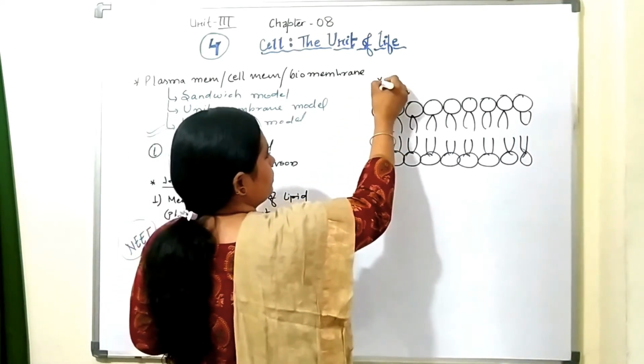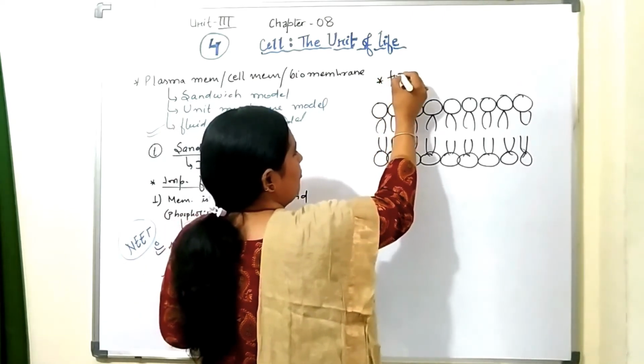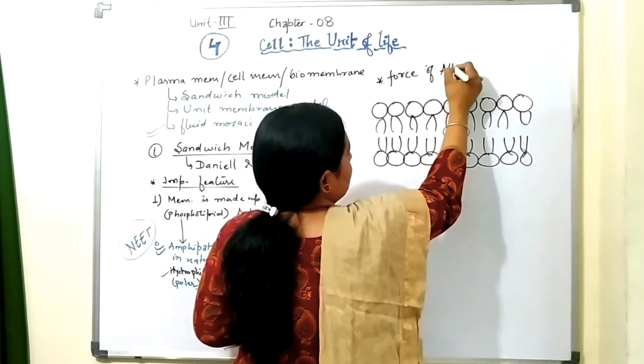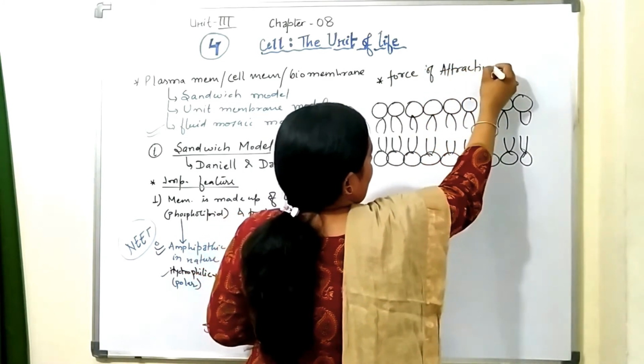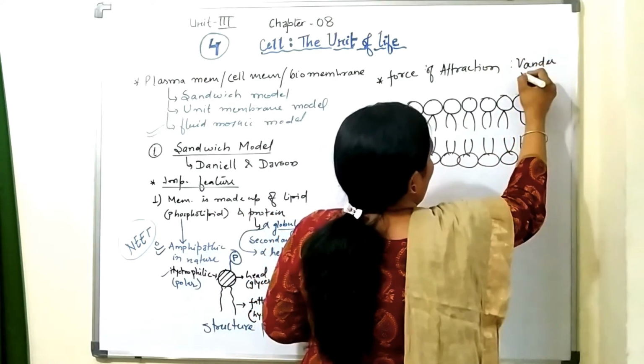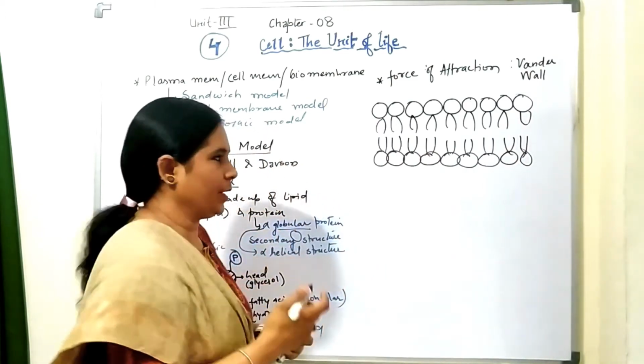Here, the tails have a very weak force of attraction called van der Waals force. Fine. So both are weak attractions.